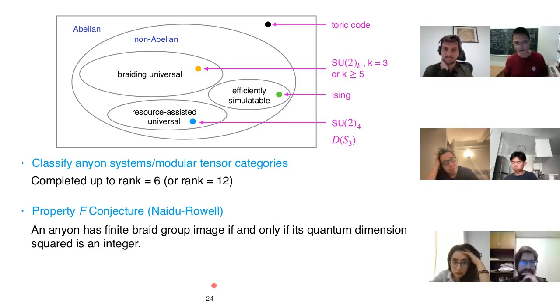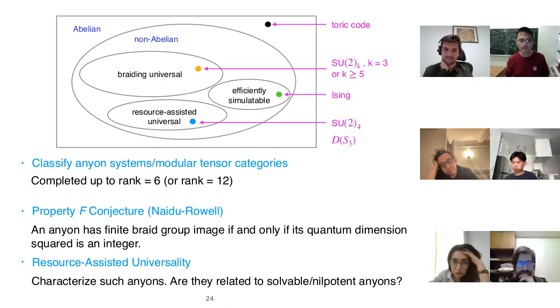But the complete proof remains open. Another question is about the characterization of the resource-assisted universality. Right now, we only know some examples of such systems, but is there a way to characterize such anyons? For example, are they related to solvable anyons or nilpotent anyons?